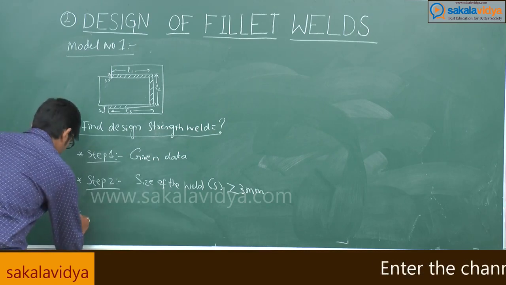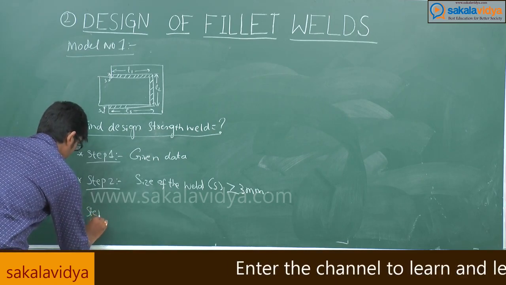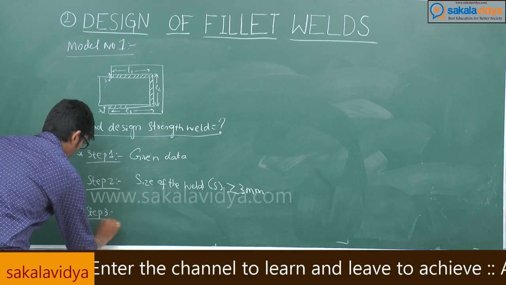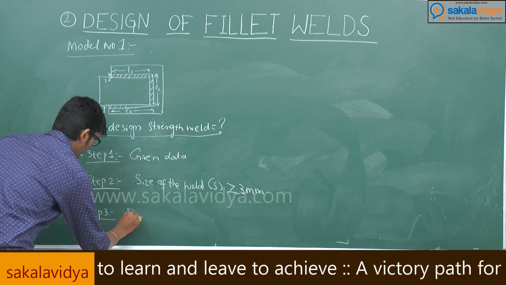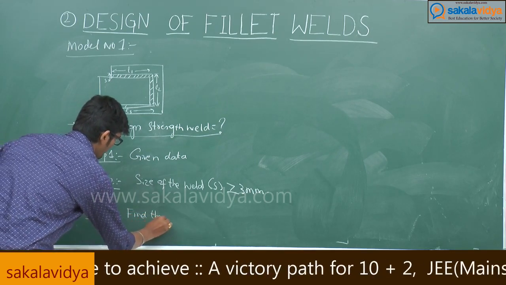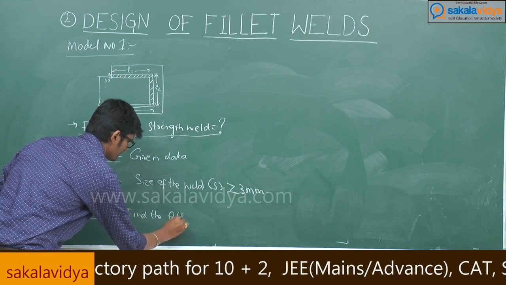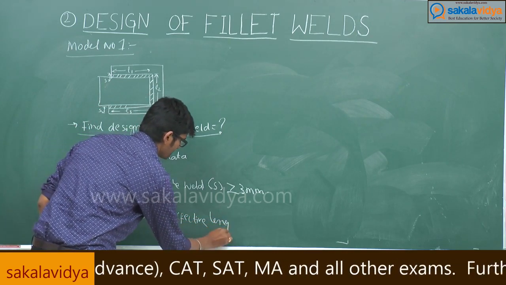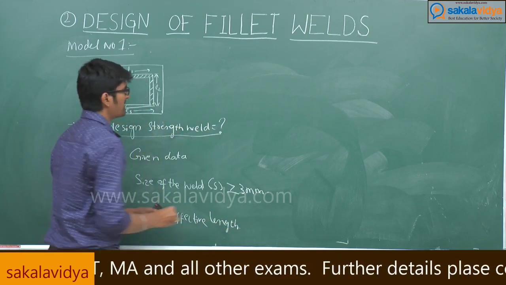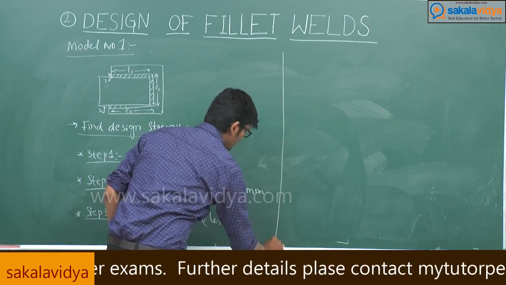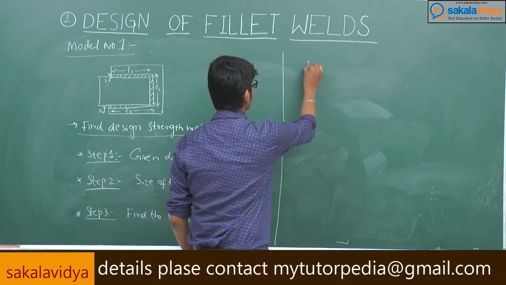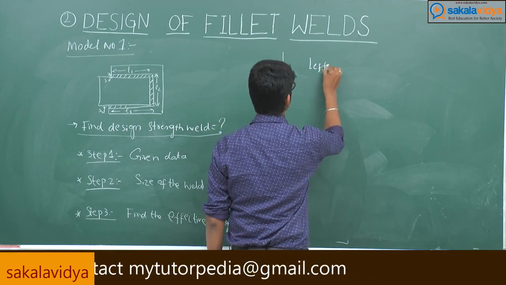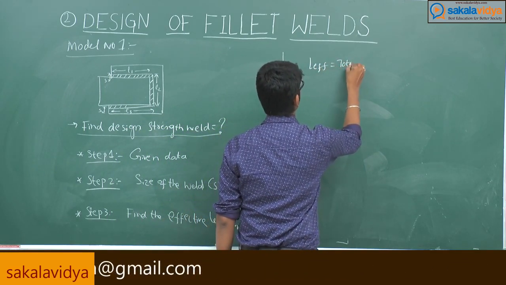Step 3, find the effective length. In this particular case, the effective length is equal to the total length. L effective is equal to the total length of the weld.